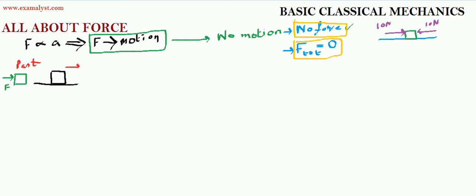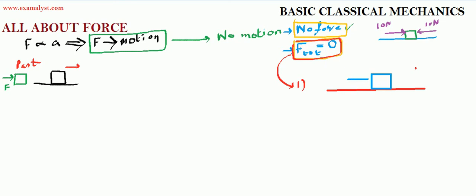Agreed? Now what we'll do is we will emphasize this second part. The second part will tell us a lot of things. So consider example number 1 where we'll use this second part. As we have discussed earlier, if you have a block on this floor and the block is not moving, it means the total force is zero.